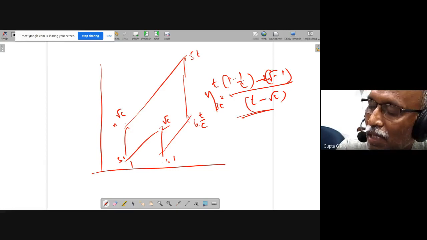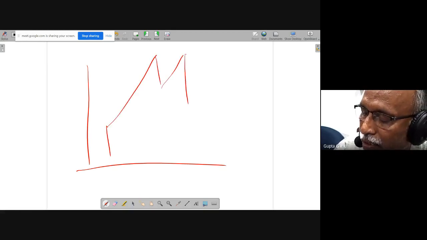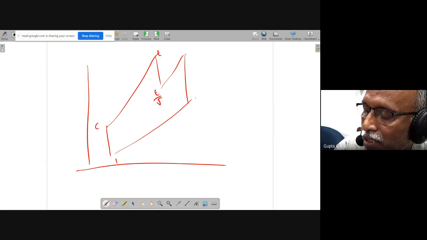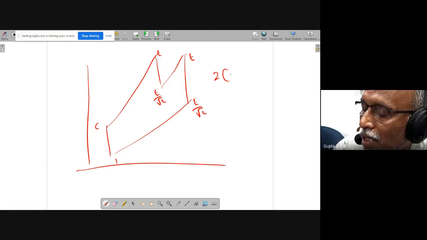Similarly, if I take a reheating cycle like this, this is 1, this is C, this is T, this is T by root C, this is T, this is T by root C. So turbine work is 2 into T minus T by root C, minus C minus 1.